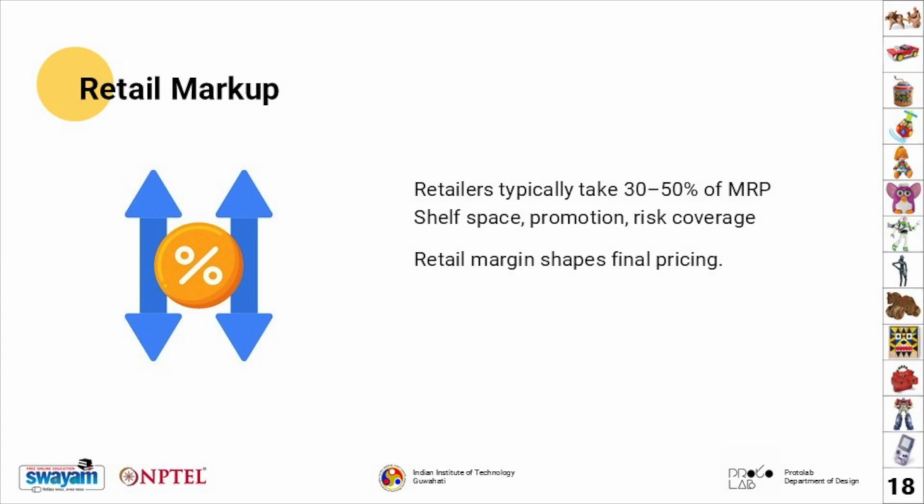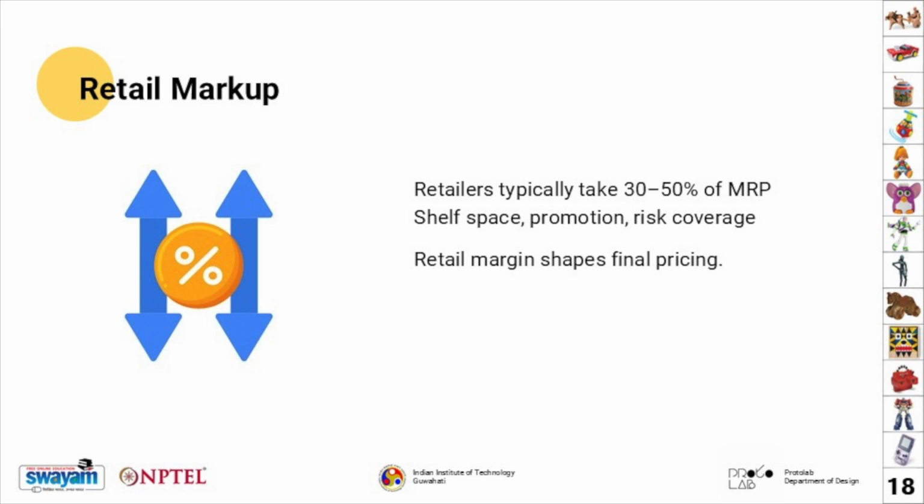Why such a high margin? Because retail carries risk. They invest in physical store space, staff salaries, utilities, inventory risk, and marketing displays. If a toy does not sell, the retailer absorbs part of that loss.